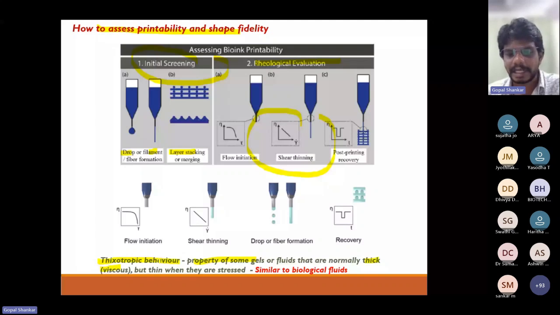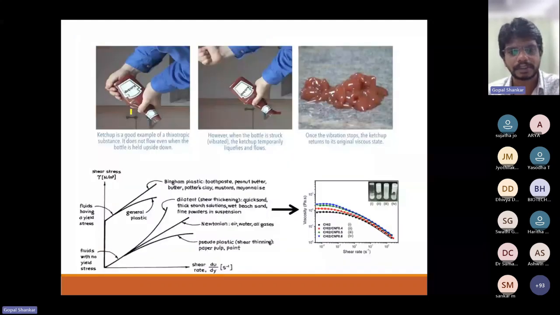This is something similar to the biological fluids in your body. All the biological fluids in your body exhibit this viscoelastic property that is called thixotropic behavior, or you can simply call it shear thinning behavior, which means that under stress conditions, the viscosity decreases, and when the stress conditions are removed, they go back to the original form. So that is very important. A simple example is squeezing ketchup out of the bottle.